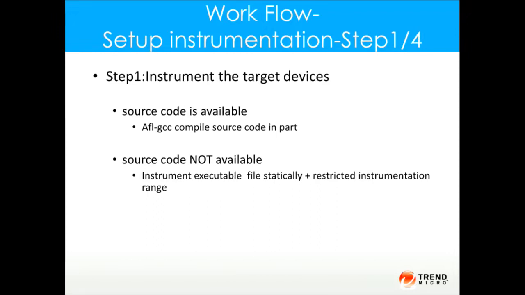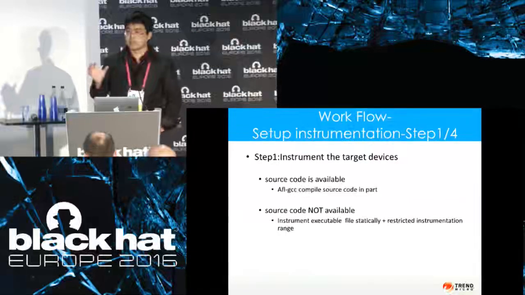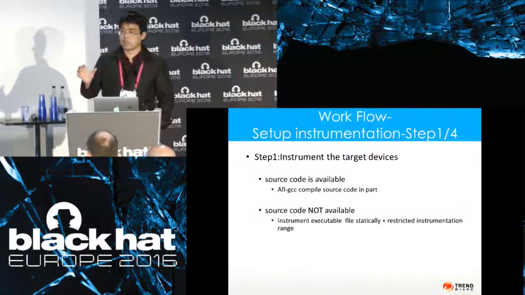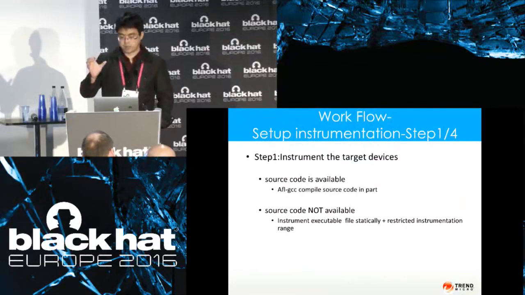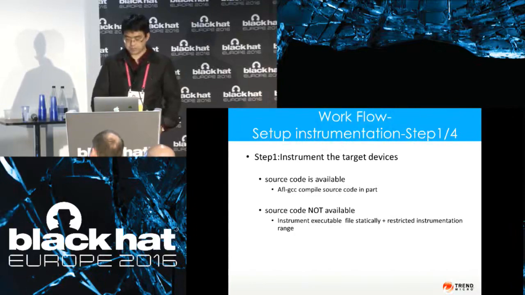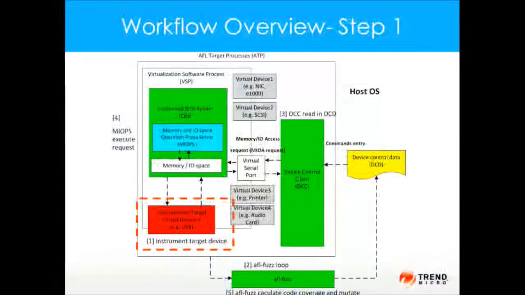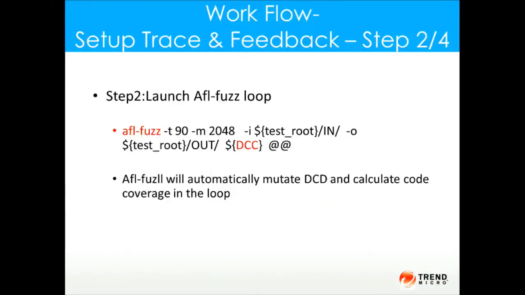And for the virtualization devices which are not open source, for example, VMware Workstation and so forth, we will try to instrument the executable file statically, or we will patch the binary code within the restricted patch range. So this is the step 1 in the whole graph.